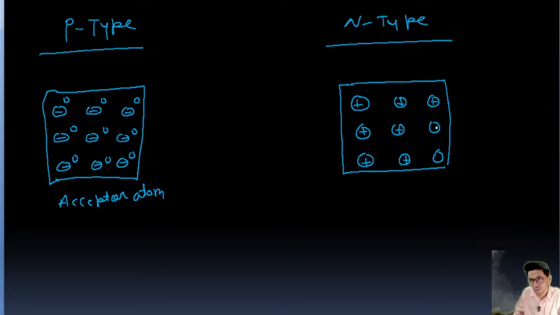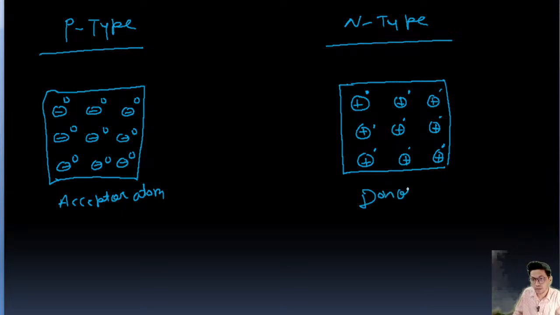There are electrons in N type. Electrons are the charge carriers in N type. So this is a donor atom.